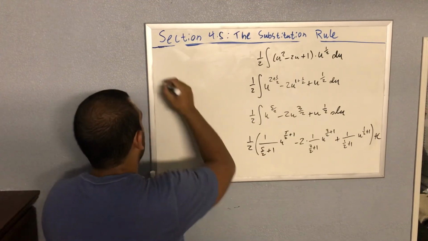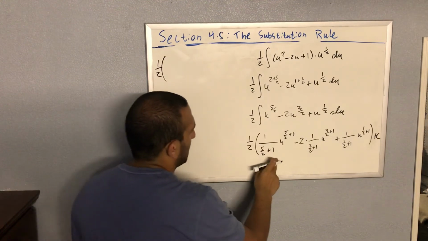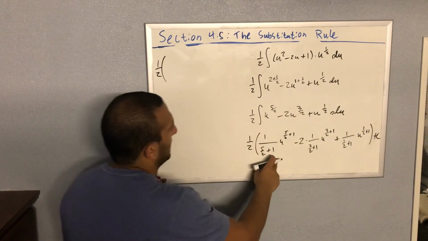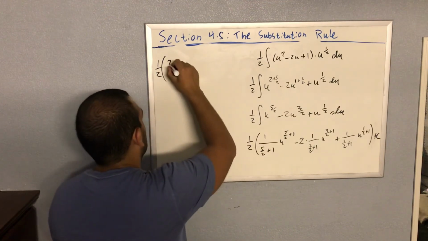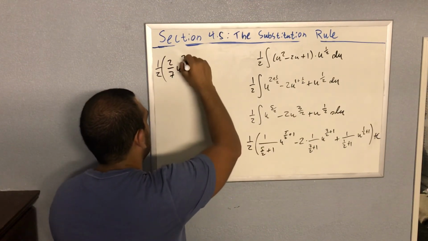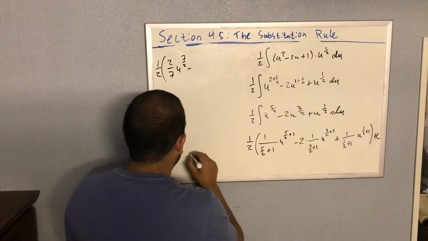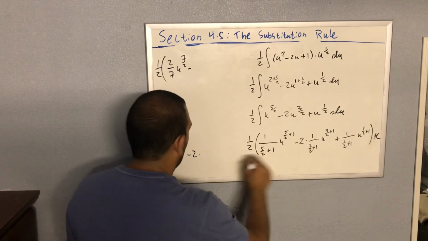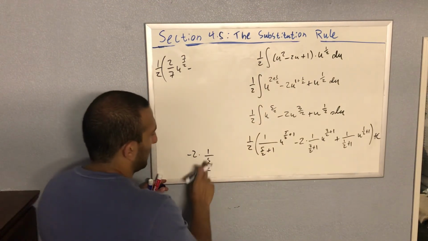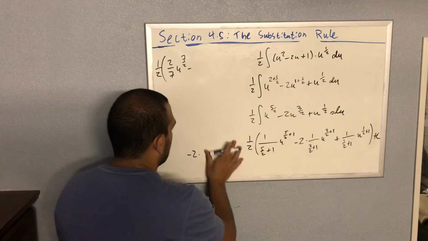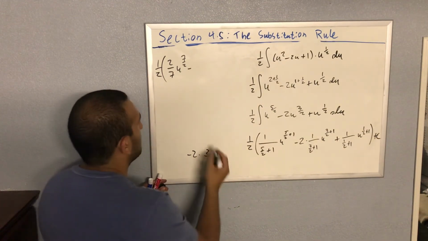Okay, and then we'll come up here. So this is 1/2 times, so 5/2 plus 1 is 7/2. So 1 over 7/2 is 2/7. So this is 2/7 u to the 7/2 minus, okay, now we have minus 2 times 1 over 5/2. Well, if you flip this, 1 over 5/2 is 2/5. Okay, so then negative 2 times 2/5 is negative 4/5.